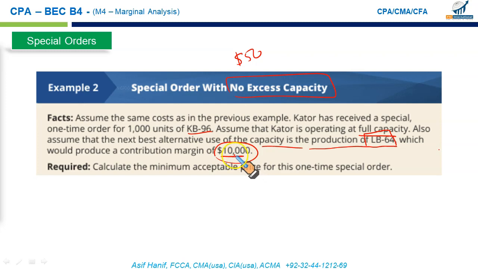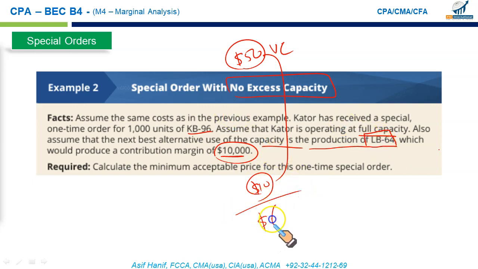So if you calculate on per unit basis, 10,000 upon 1000 KB96, $10 of lost contribution must also be recovered from this customer. So the minimum price you will charge is the variable cost plus the sacrificed contribution per unit on LB64. This is what we are giving up for the special order, so the customer should pay at least $60.